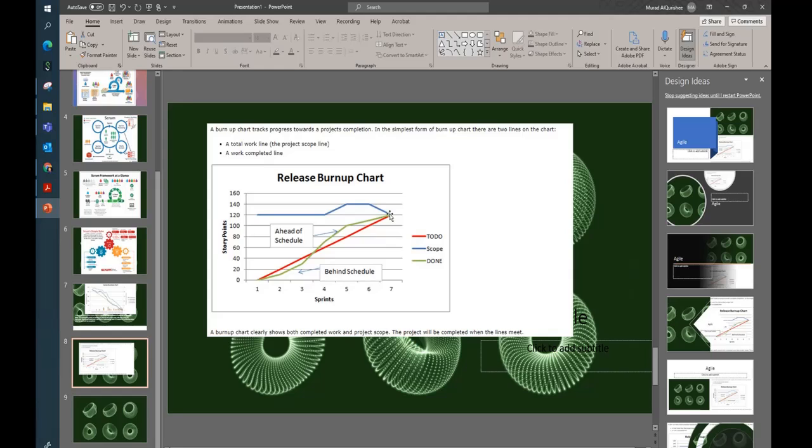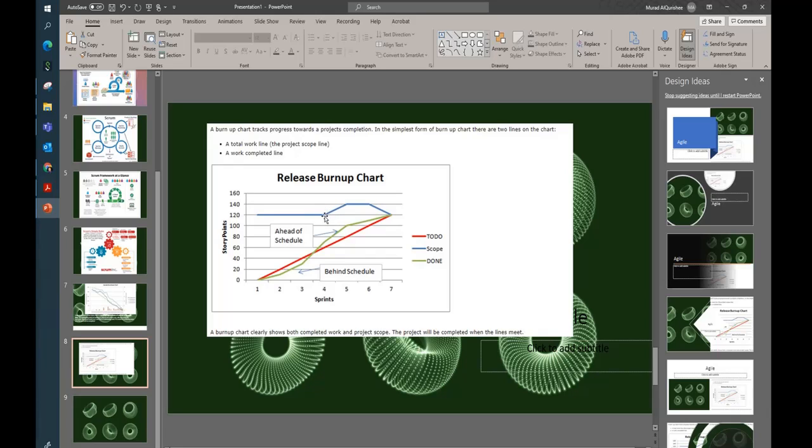You need to find out. Then which point represents the work is completed in here. Which point represents the work is behind schedule. And which point represents the ideal scenario. Which point represents the scope. And which point represents the increase of the scope in here.